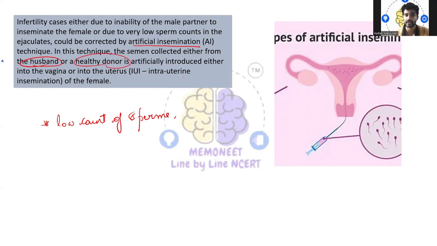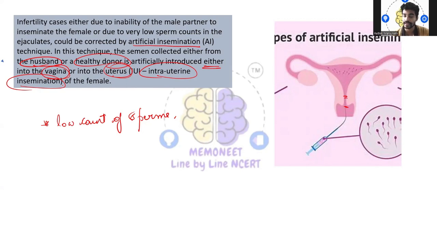Then you artificially introduce the semen into the vagina or into the uterus.